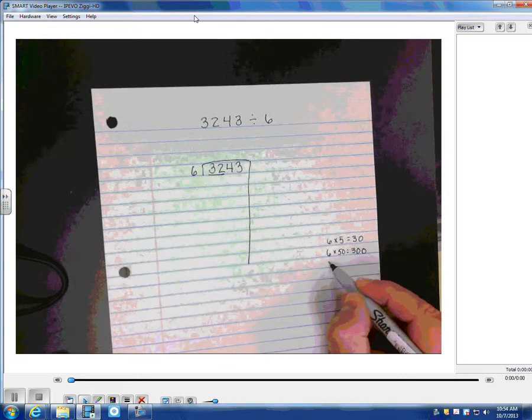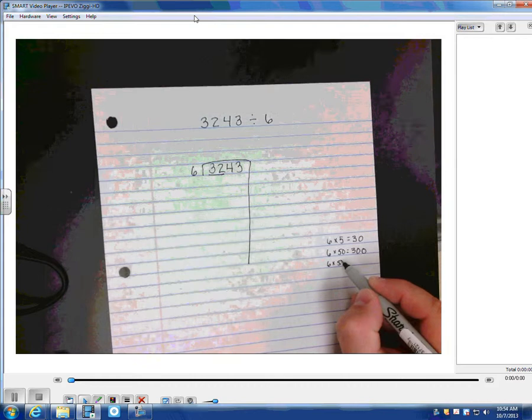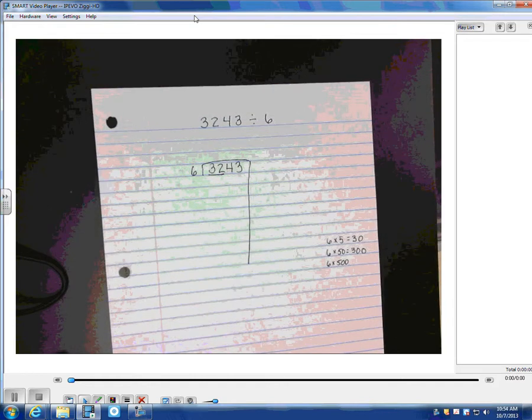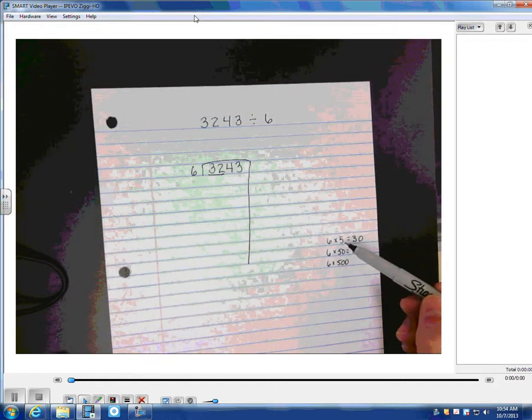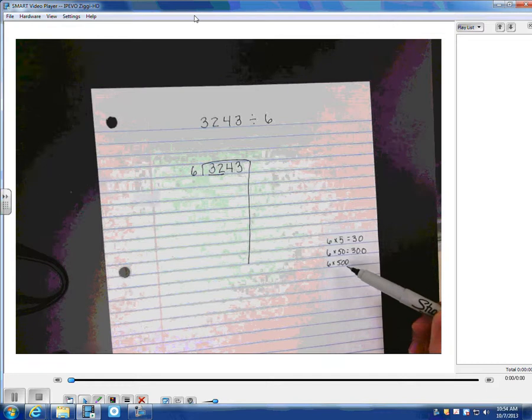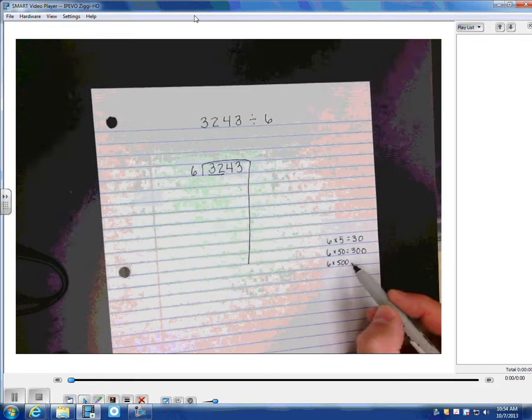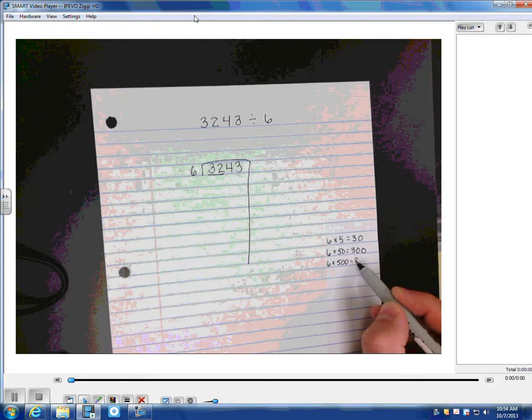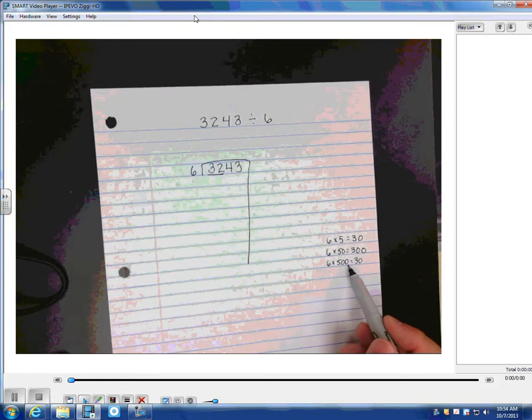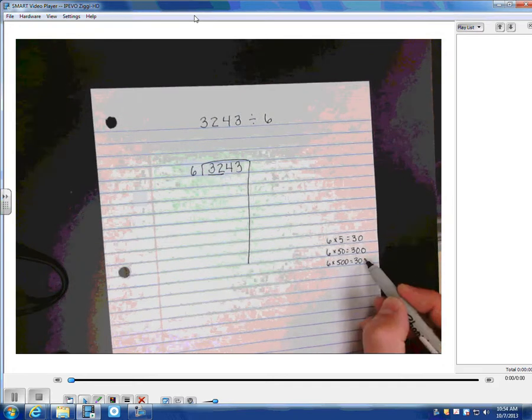So it's 300. Now another power of 10: 6 times 500. You can see the pattern with 5, then 50, now 500. Again, I do it the same way. 6 times 5 is 30, and there are 2 zeros here, so I'm going to write those 2 down.